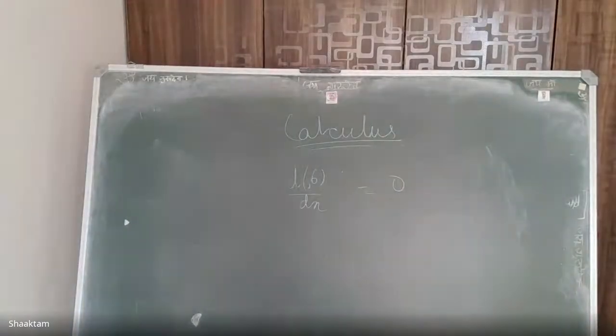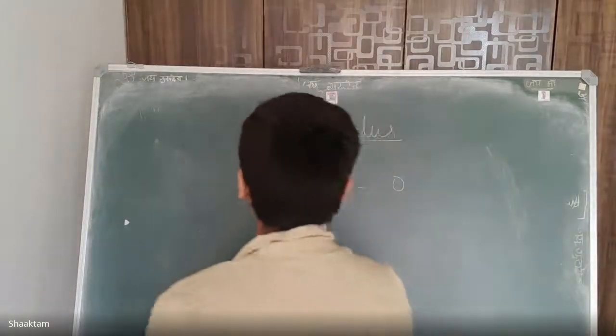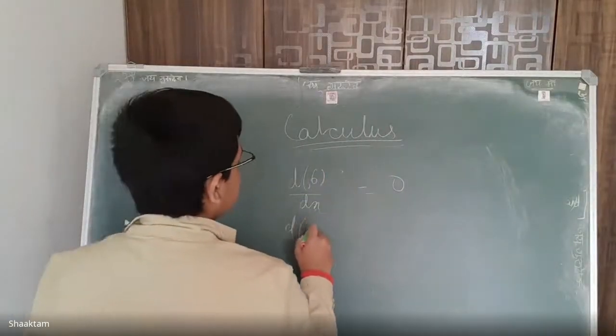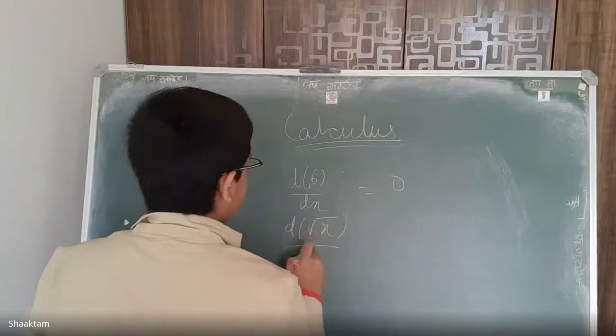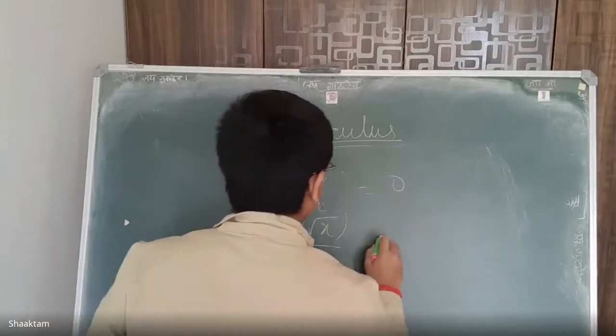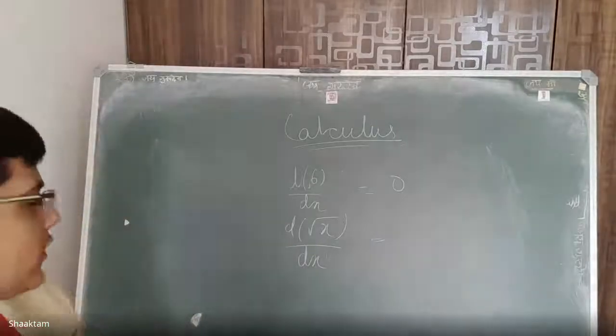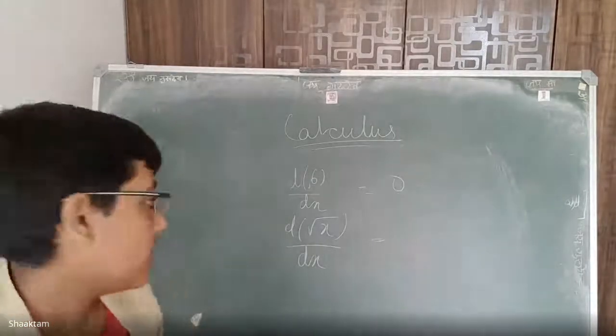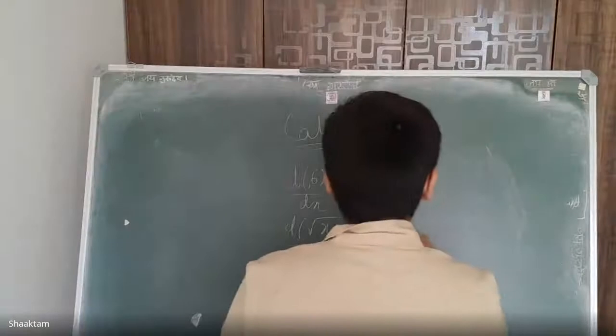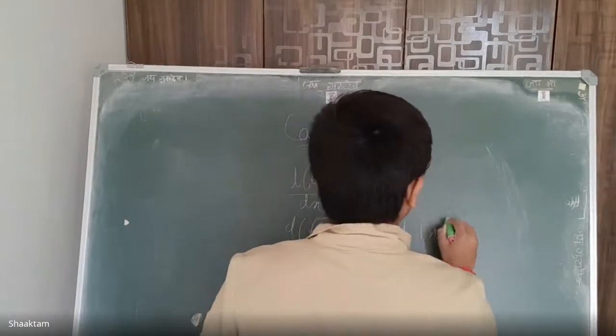because 6 is a constant. Next, find the value of d of root x by dx. Now, you can recall exponents and powers, what we had learned, that root x is nothing but x raised to 1 by 2.